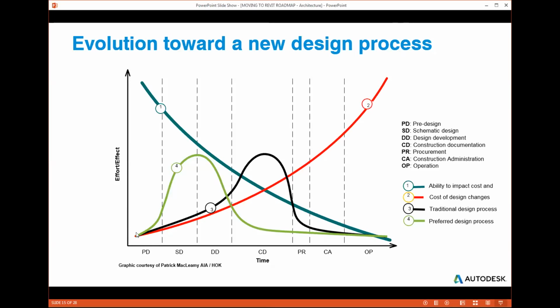So it makes sense that if you're telling people to move to this portion and do most of their efforts. Now, this graph shows us the amount of effort that is required. If their effort now moves to the schematic design and design development stages, then whatever decision they make here, the cost of making those changes will not rise more than this, because this is where most of the work is.